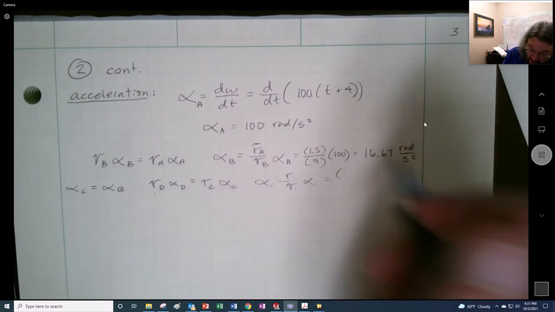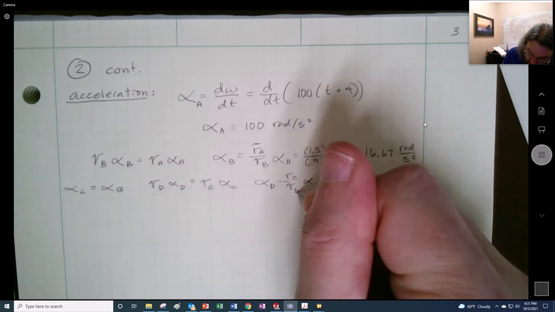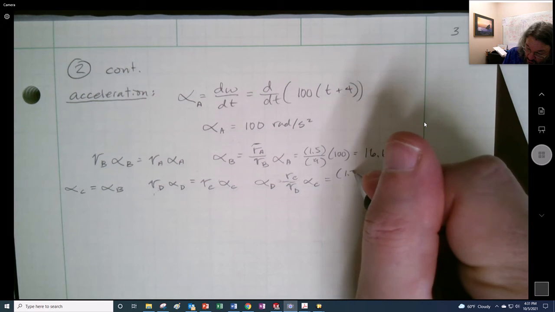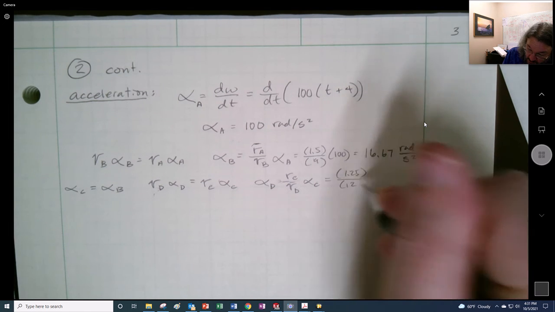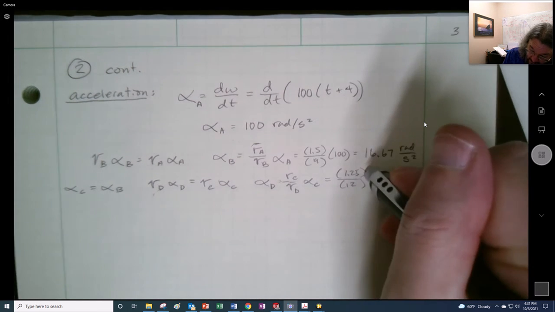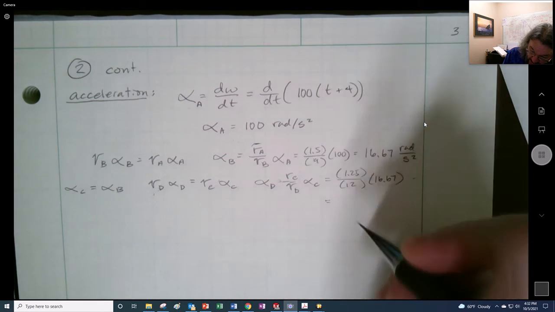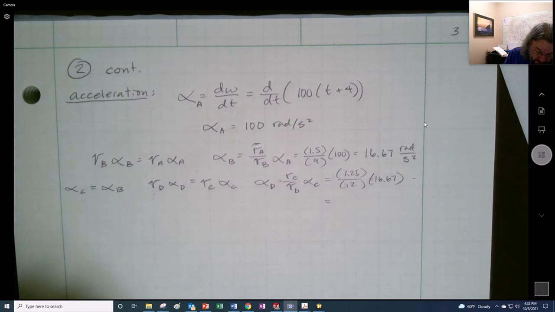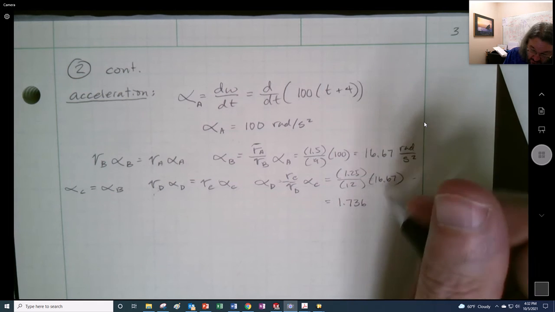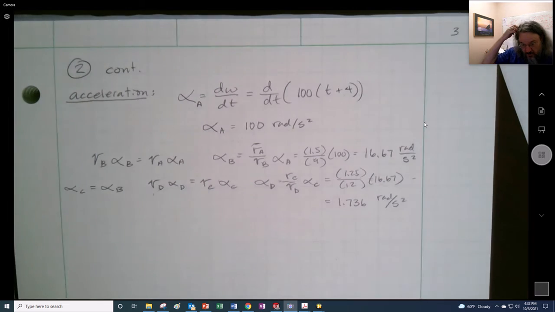So the acceleration of D, that's what we want, is going to be RC over RD times the acceleration of C. And so that's going to be 1.25 over 12 times 16.67, and we're going to end up with 1.736 radians per second squared. Okay, so we're all set now.